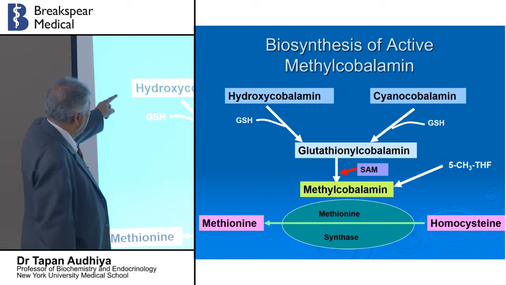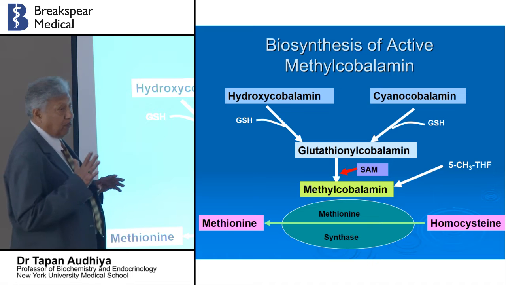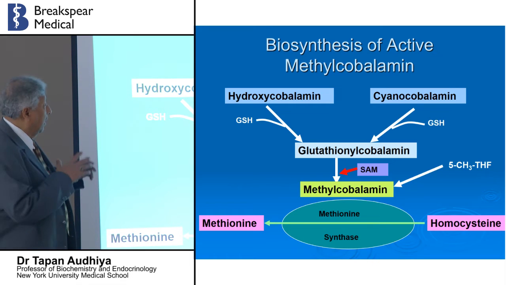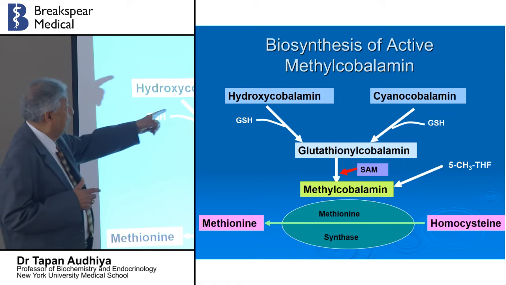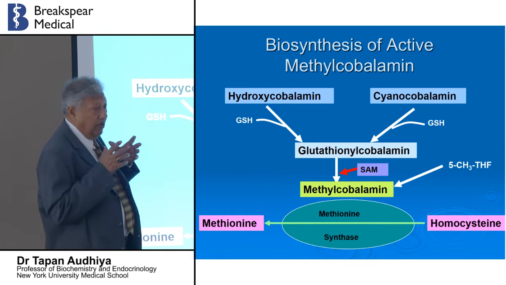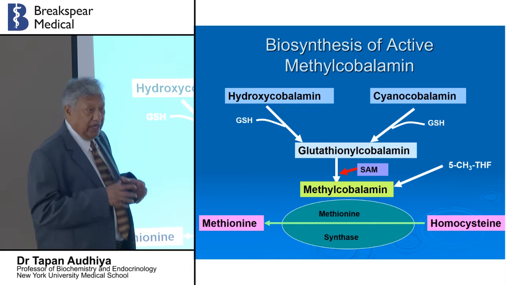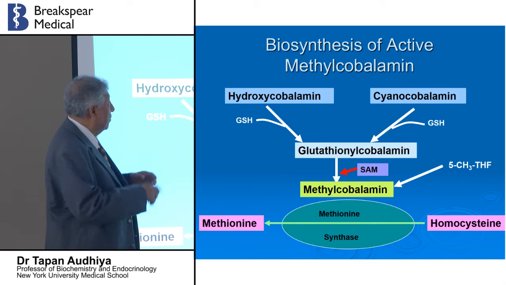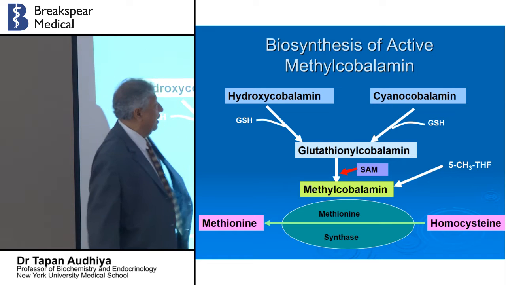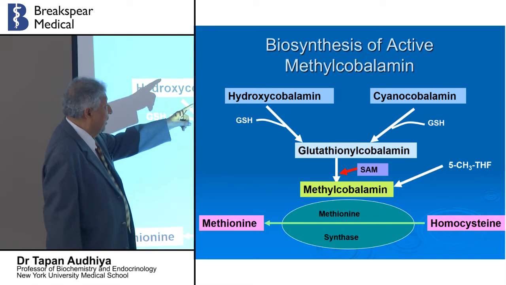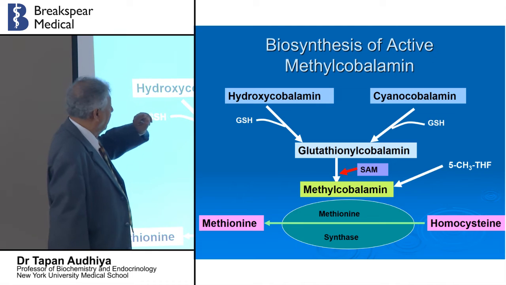Okay, then methylcobalamin biosynthesis is very important. There are 4 forms of cobalamin you can get: hydroxycobalamin and others. 3 are natural, 1 is synthetic. Cyanocobalamin actually is vitamin B12. When you isolate and purify it, during the process of purification it gets a cyano group attached to the active site, so that is artificially made cyanocobalamin.